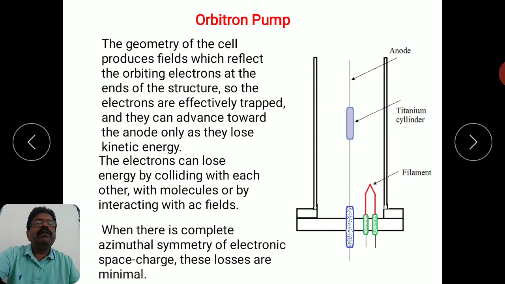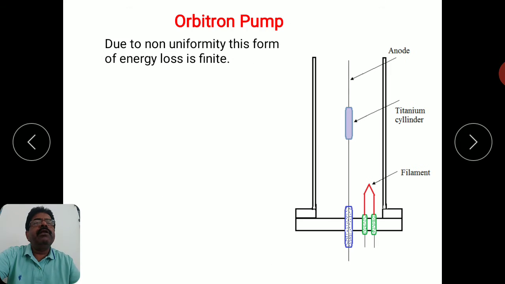Now when there is a complete azimuthal symmetry of the electrostatic space charge, these losses are minimum. So the space charge is developed by the newly produced electrons, the positive ions, and the electrons produced from the filament. Because of the azimuthal symmetry of the electrostatic space charge, the losses of kinetic energy of the electron are minimum.